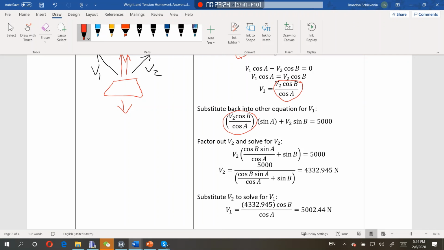Now I only have one variable, so I can divide by everything that's not V2 and get an answer. Once you've got an answer for V2, I can plug it into this equation for V1 and get an answer for V1.